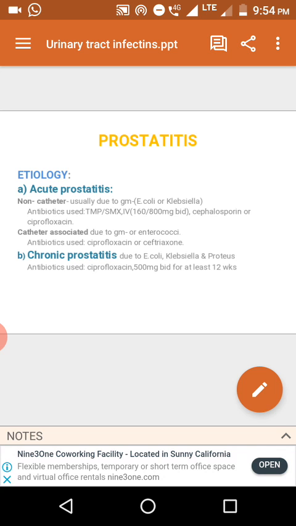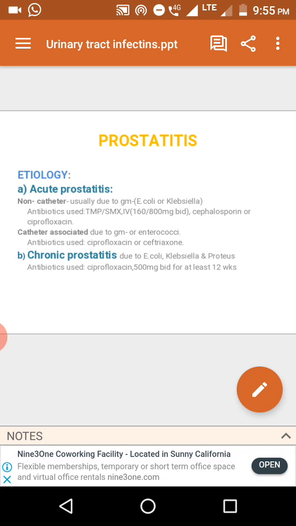What are the drugs? TMP, cephalosporins, ciprofloxacin, cotrimoxazole. So these are the drugs: sulfonamides, cotrimoxazole, cephalosporins, ciprofloxacin.